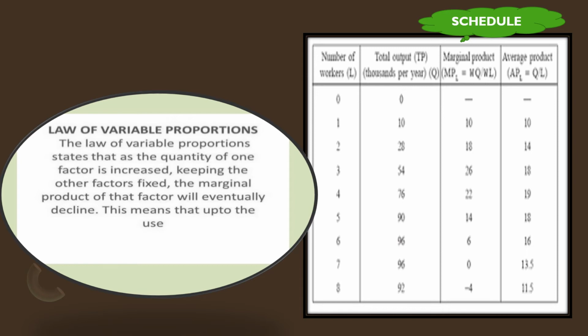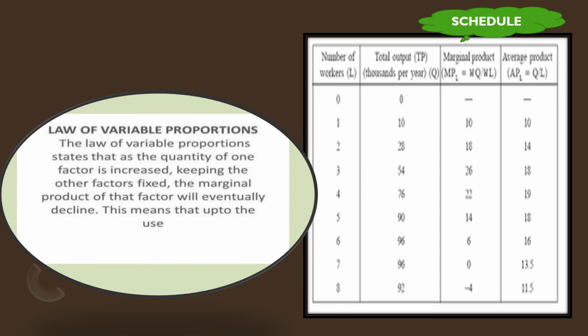Now, since we have learned the formulas for marginal product and average product, we are going to calculate the marginal product and the average product by applying the formulas. And we get the schedule as 10, 18, 26, 22, 14, 6, 0, minus 4 as our marginal product. And average product is calculated as 10, 14, 18, 19, 18, 16, 13.5, and 11.5.